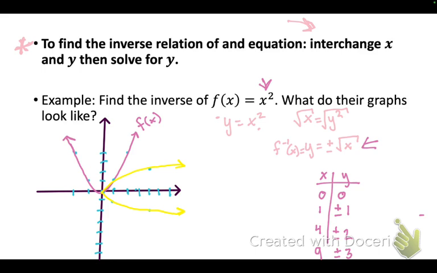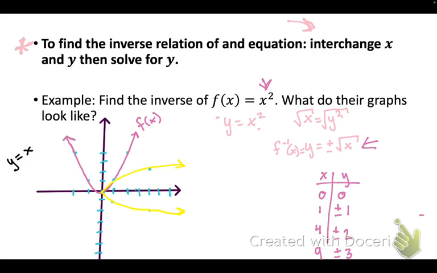So on f of x, when it was 2, we got 4. But on f inverse, when it was 4, we got 2. We interchange those. They actually reflect across the y equals x line.